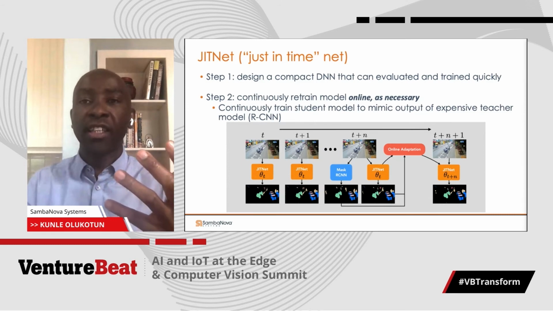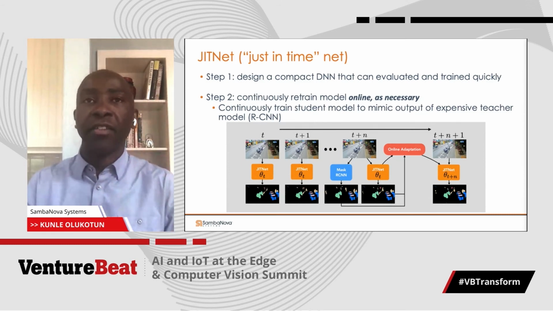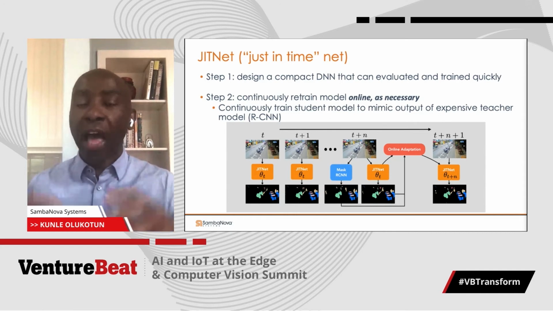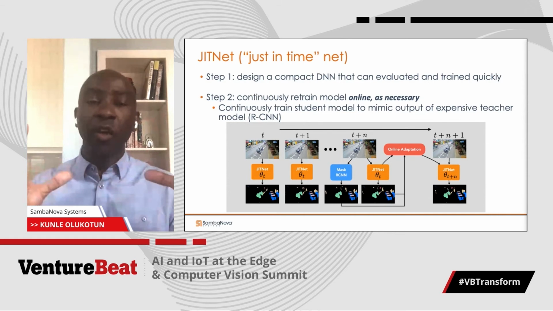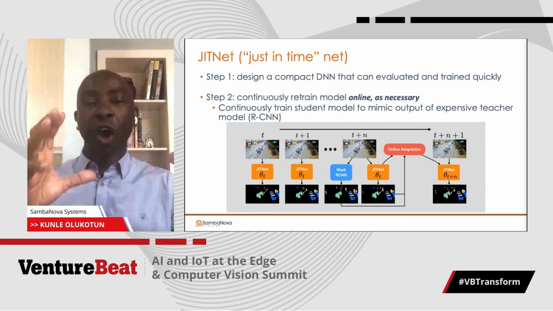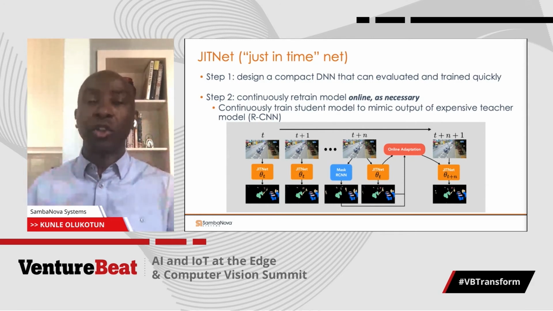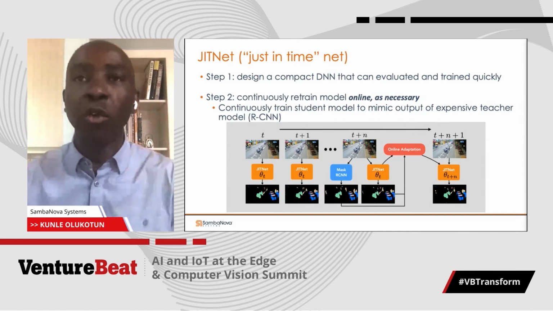And so the idea is you come up with a small model, a deep neural network that can be evaluated and trained quickly, and then you have a much larger model that you train with a huge amount of training examples. We're going to call this the teacher model. So you've got a teacher model that knows a lot of things about how to model a large, very complex scene, and you've got a much simpler student model.